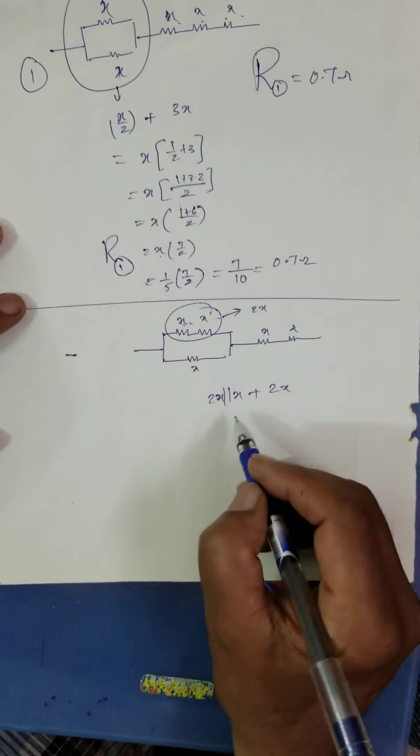If the work I do is 1 joule, it is the work done in shifting a unit charge, that is 1 coulomb of charge, from one point to another point against the field direction. Then the potential difference between these 2 points is said to be 1 volt, right? Potential difference is 1 volt.